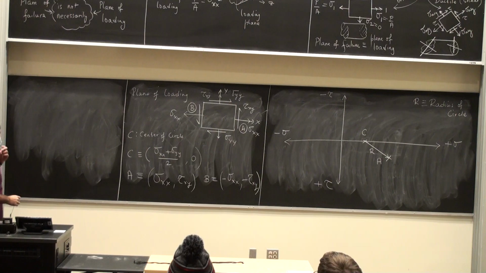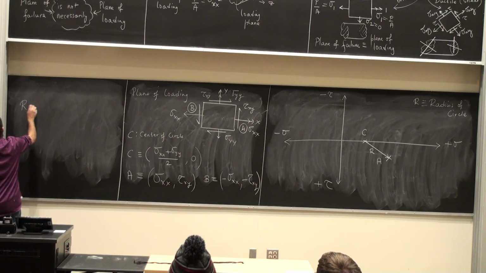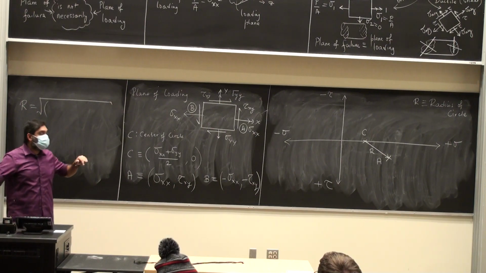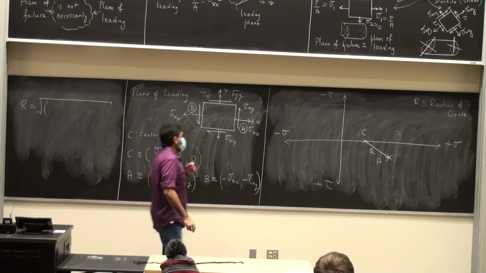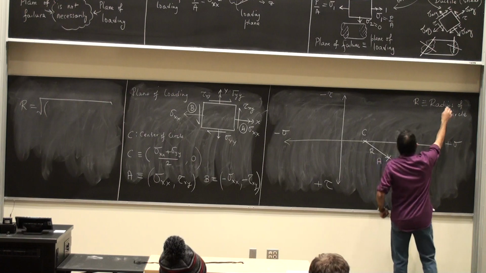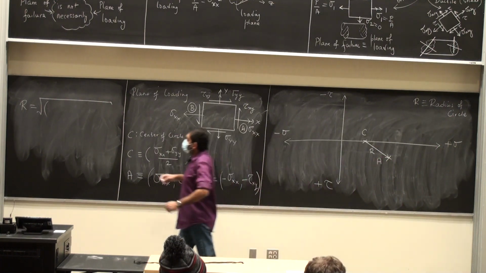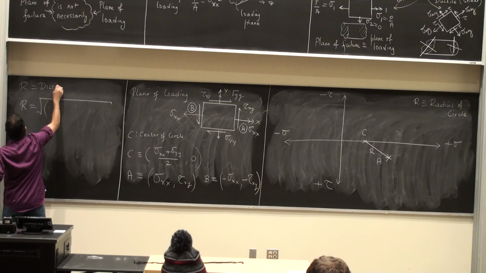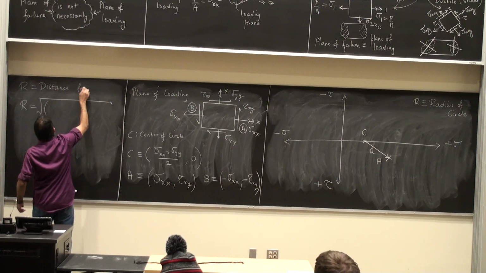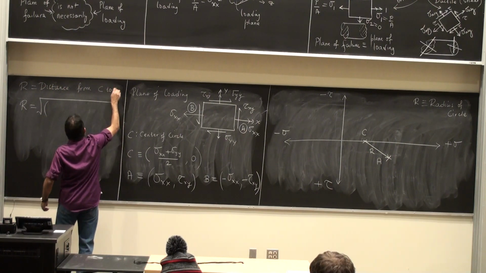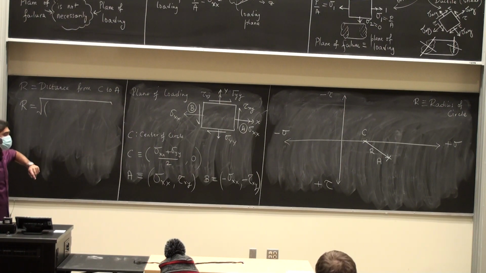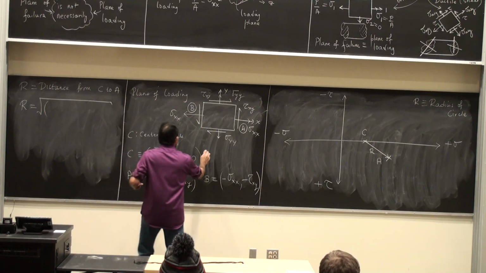Okay? So the radius is the square root, distance from point C to point A. Okay, so this is distance from C to A. Let me write it somewhere here. Distance from C to A, so that's going to be sigma xx plus sigma yy by 2, which is typically called the average.